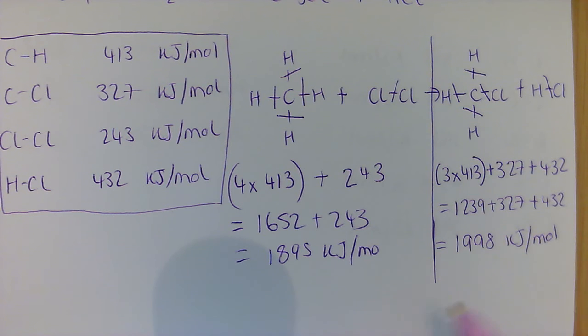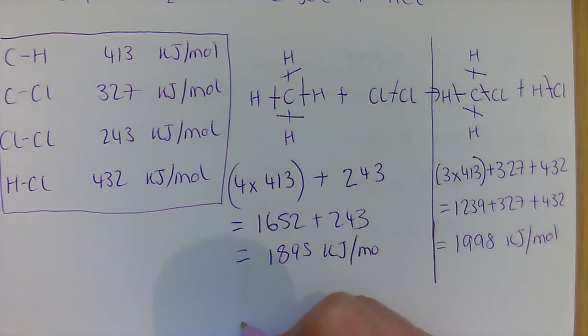So I can already see that this is going to be an exothermic process overall, because this number on the right hand side is larger than on the left hand side. If you'd got to this point in the question, you'd probably be getting a couple of marks at least, possibly 3 for working out these two values.